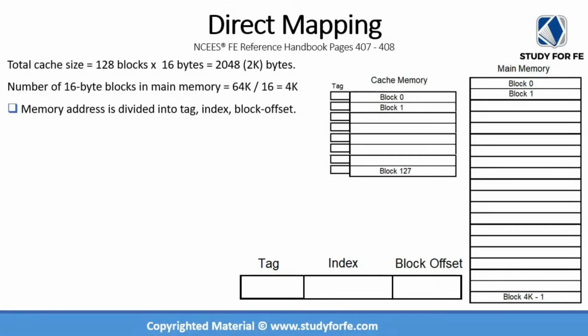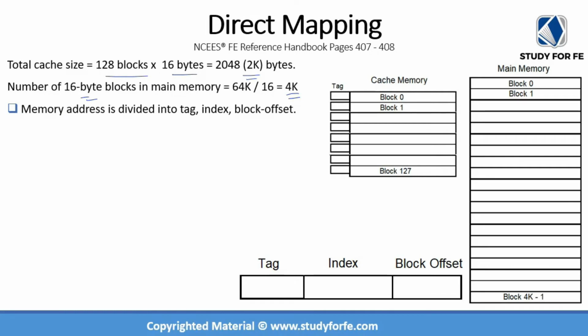Now that was mapping. Now we have to talk about the cache memory addressing itself. Okay, so we will build on the same scenario that we have, that the cache size is equal to 128 blocks multiplied by 16 bytes. So you get 2k bytes. And in terms of the main memory, we have 4k blocks of 16 bytes.